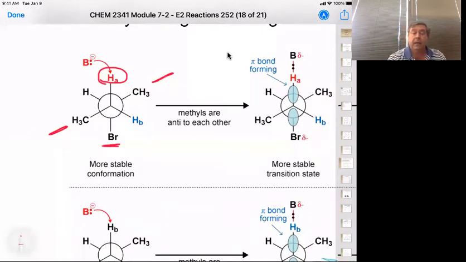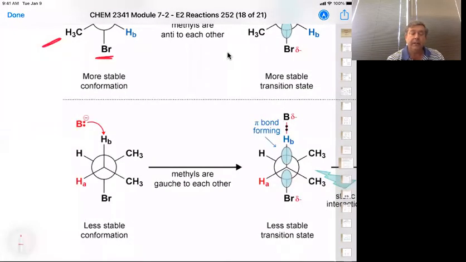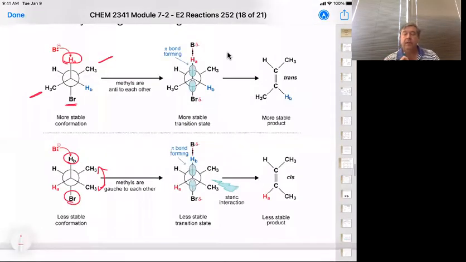Now, if we go to our other conformer, as long as there's a hydrogen opposite our leaving group, but the two methyl groups are on the same side, it will give our cis alkene. We're still removing the hydrogen from the same side, and we can get in the anti-position easily.